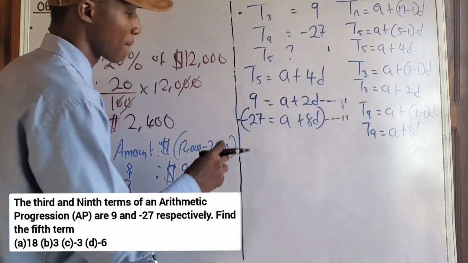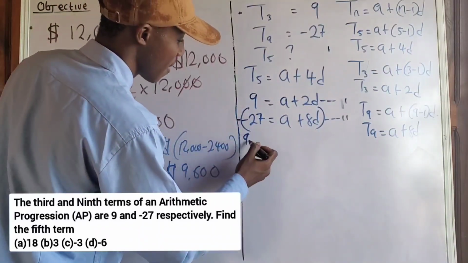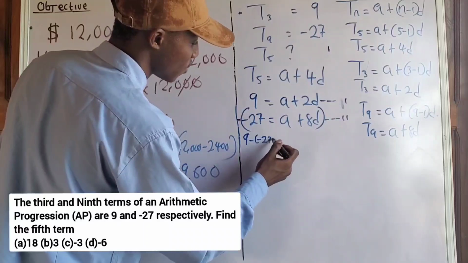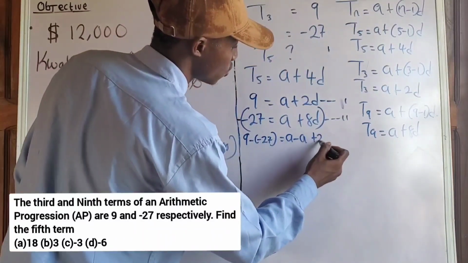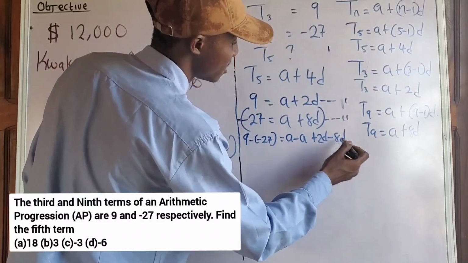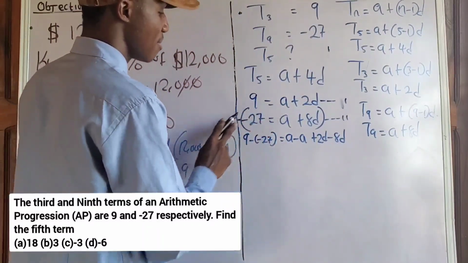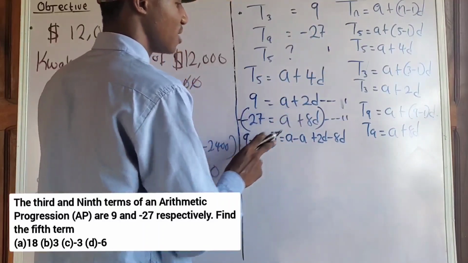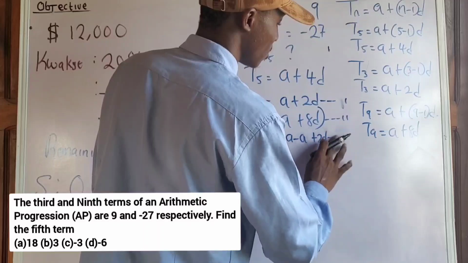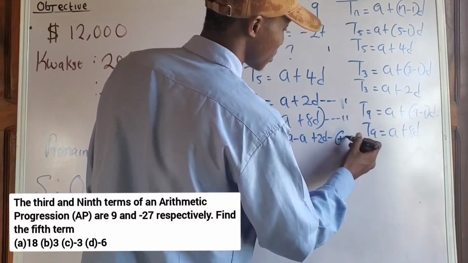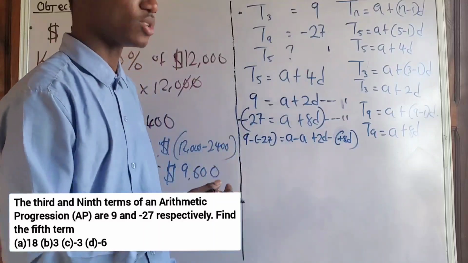Please pay attention. 9 minus minus 27 equals A minus A plus 2D minus 8D. Do you know what I did? 9 minus minus 27, I have it here. A minus A, I have it here. 2D minus plus 8D. I'm subtracting the second equation from the first equation.